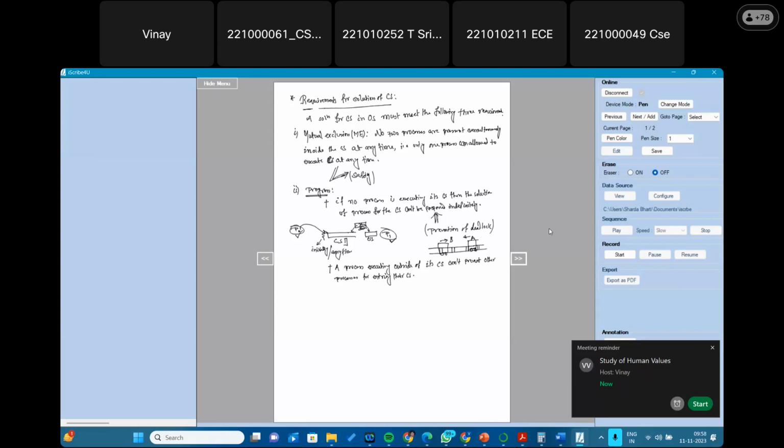For example, you can see here B wants to move, but A is stopping B. Similarly, A wants to move, B is stopping. So a solution which satisfies process synchronization must fulfill the property that it should be progress. A process executing outside of its critical section cannot prevent other processes from entering their critical section.